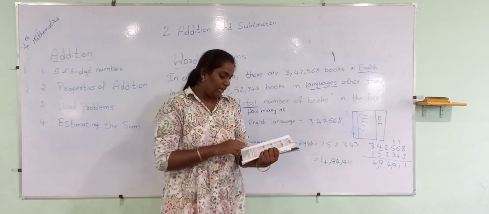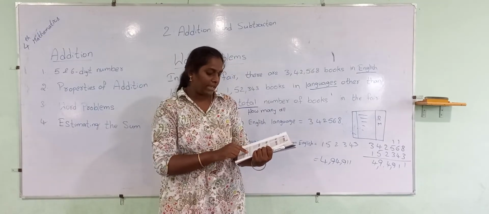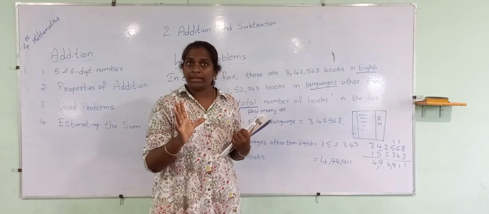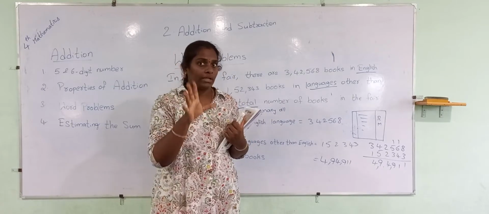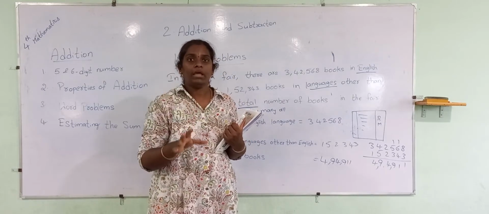Here what they ask: find the total money spent by him. You observe here, total. Here they give total money spent.